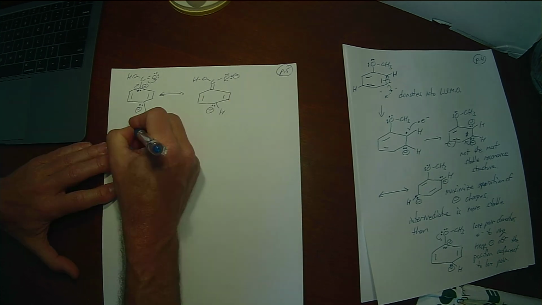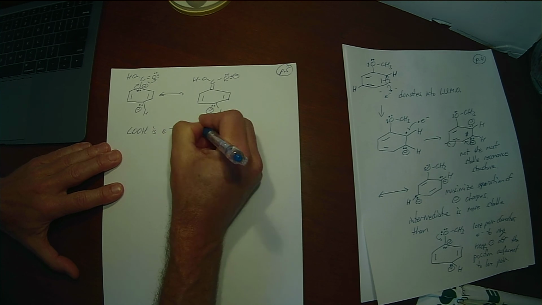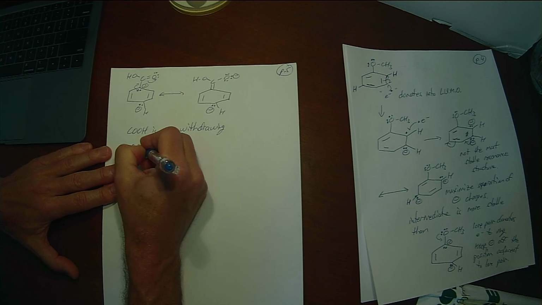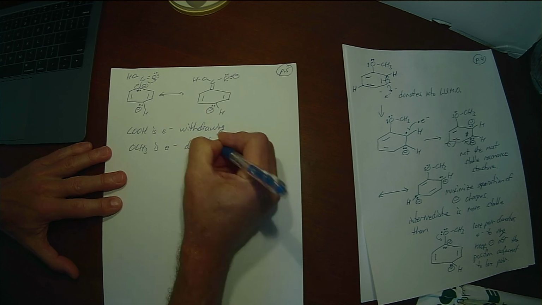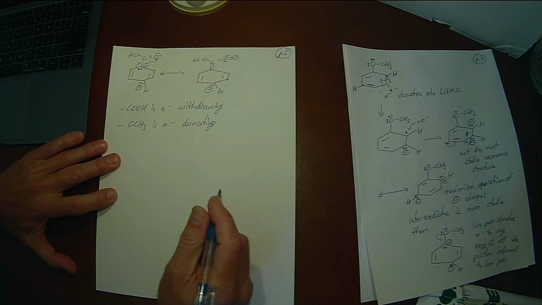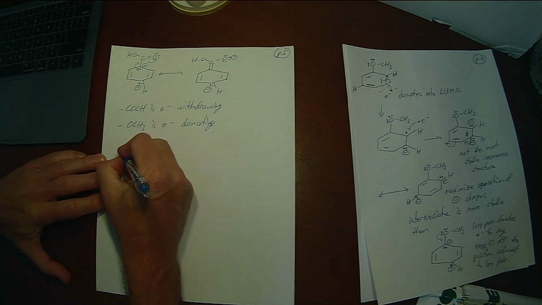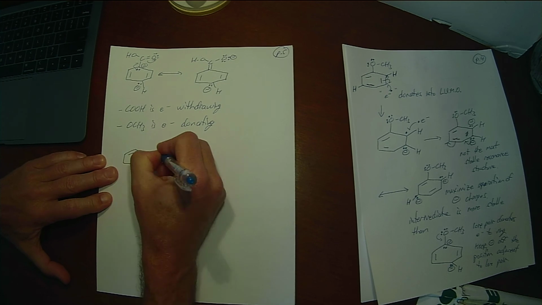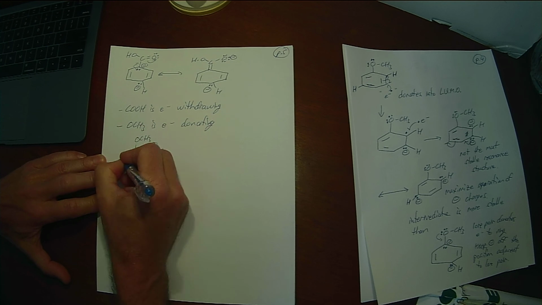So the COOH group is electron withdrawing, and this will become relevant next semester, but the OCH3 group is electron donating. And that's why we see the opposite regiochemistry in the Birch reduction of the aromatic ring. So going back to the intermediate with the methoxy group on there, that's the most stable resonance form.